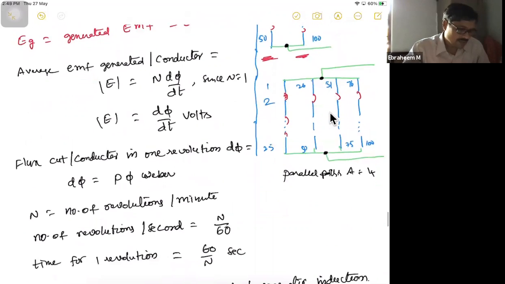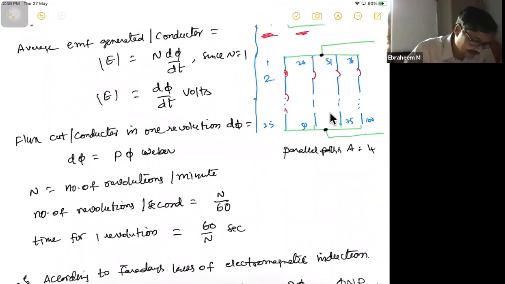Next, we proceeded to calculate d phi and dt in terms of the available quantities. First, the flux cut per conductor in one revolution, because we are calculating EMF per conductor. In one revolution, how much flux is this conductor going to cut or come in contact with? That is d phi.